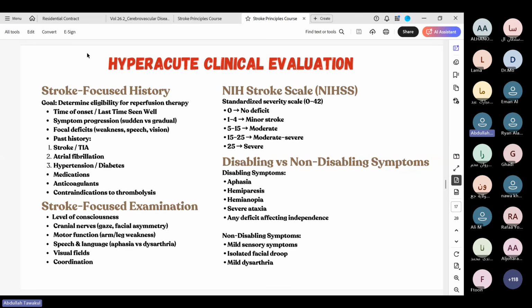So in hospitals like our hospitals in Mecca, we cannot see the patient as an outpatient within 24 or 48 hours. So what I usually do, I usually admit all TIA patients as if they are stroke patients. Because my worry is if I discharge low risk TIA patients, they're not going to come back to me to be worked up within 48 hours.